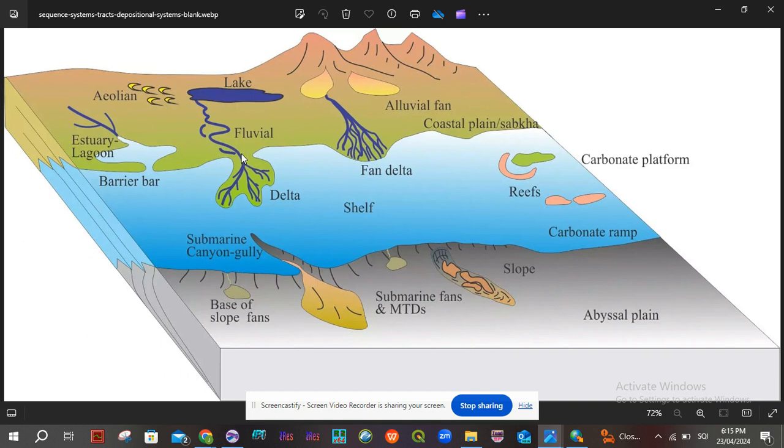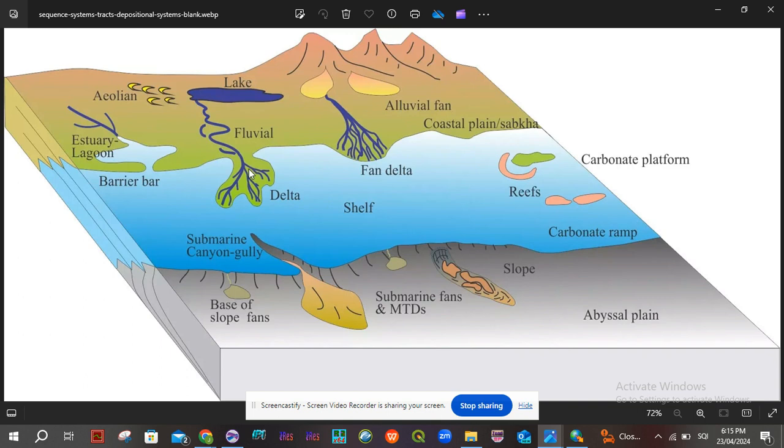So we have some delta here. We are moving gradually to the shallow marine environment. The delta means we have high energy sediment coming into the marine, with the energy being higher, so that they can protrude into the shallow marine environment.